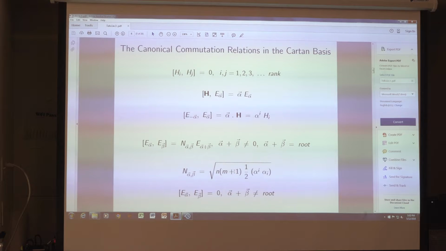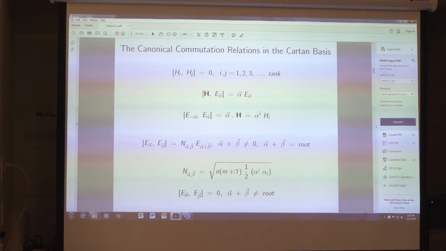This is why it's very clever, because you label your generators in such a way that when you take the commutators, you get a generator obtained by adding these root vectors. Because after all, you have a linear space. And your structure constants, if you want to call them that, are given by these numbers here.